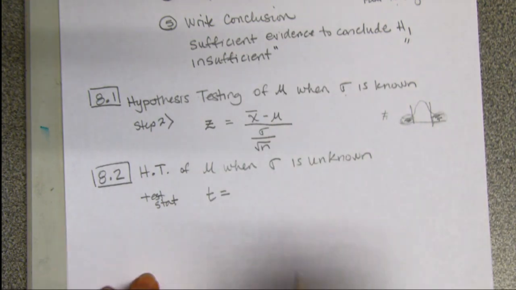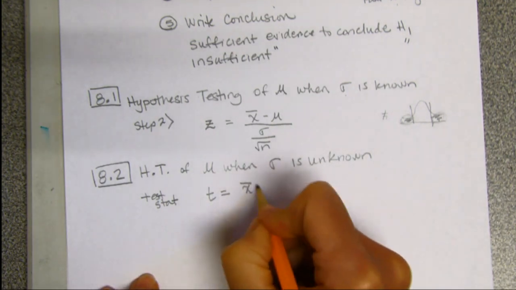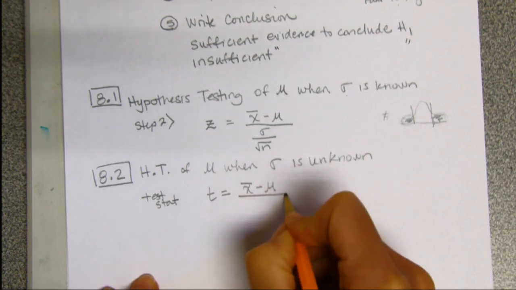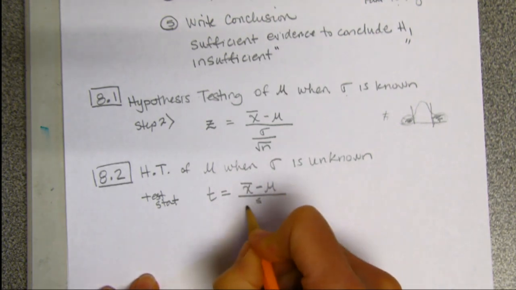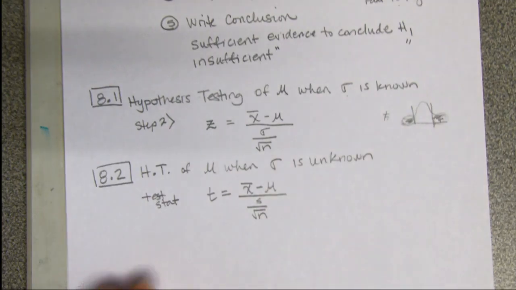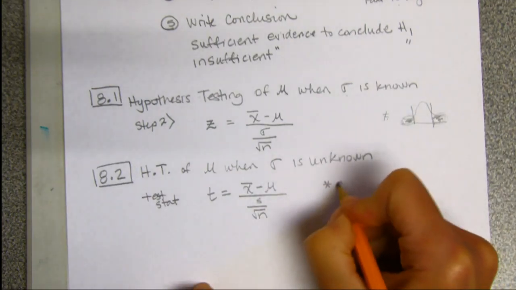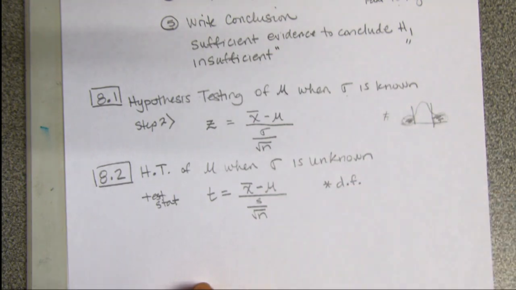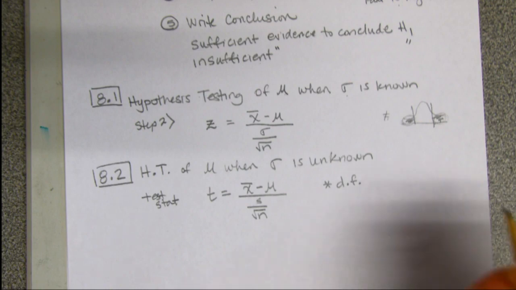So the t-value formula is x bar minus mu over s divided by the square root of n. But this is the one where you need a df in order to use the chart. And the df is n minus 1.